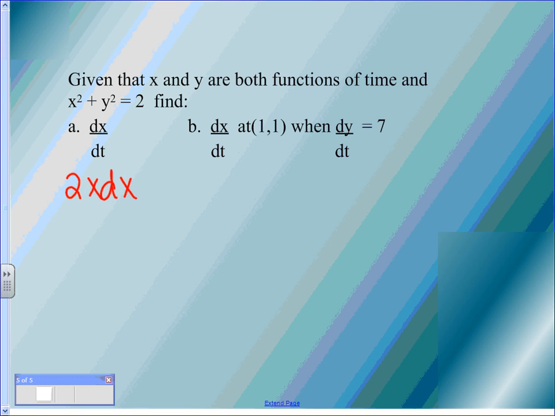2x dx divided by dt. What would be the differential of the second term?